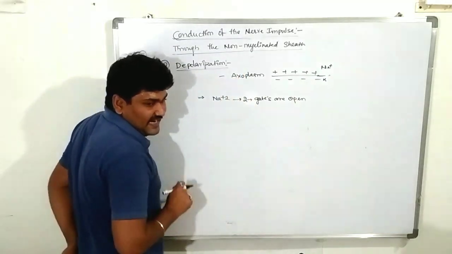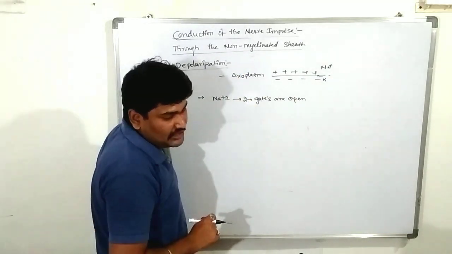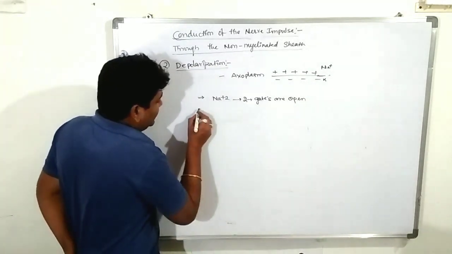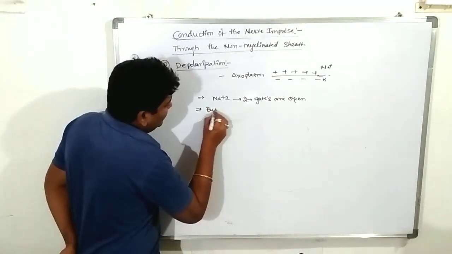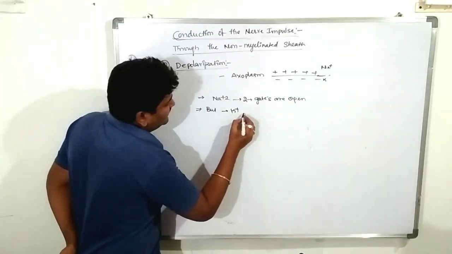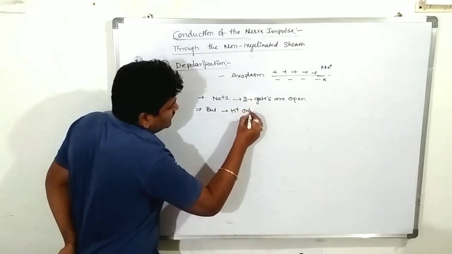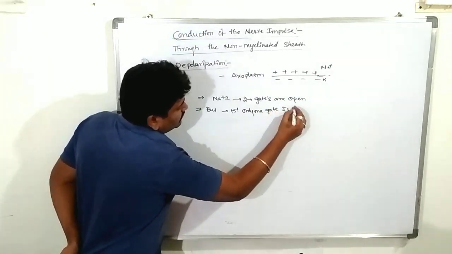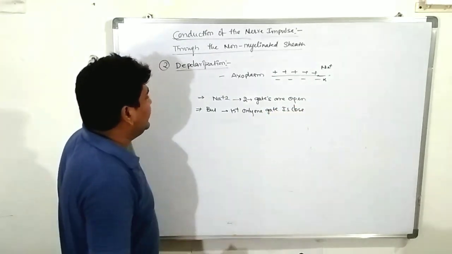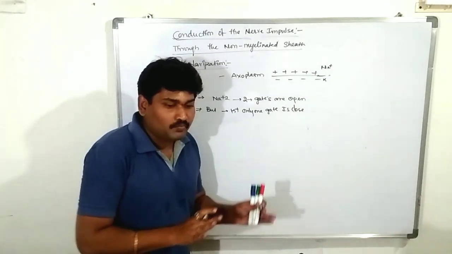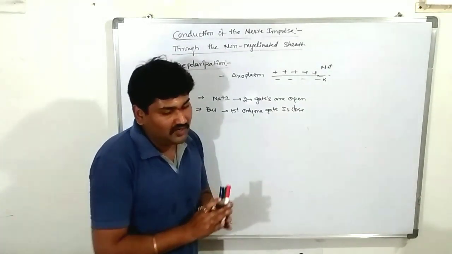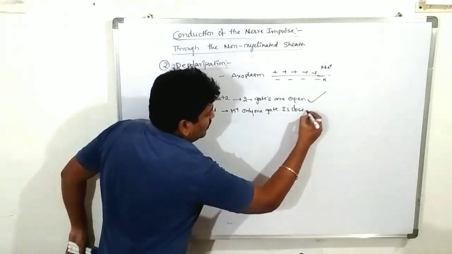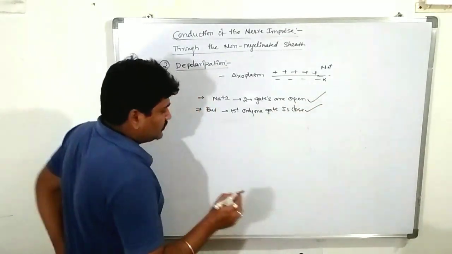The first is the activation gate, which is open. The second, the inactivation gate, is also open. But very important, the potassium gate, only one gate, is closed. So in depolarization the sodium gates are open and the potassium gate is closed.